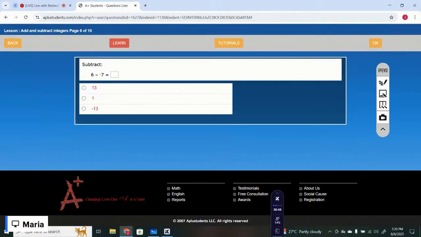Take a 6 minus negative 7. So subtracting a negative number is same as adding.